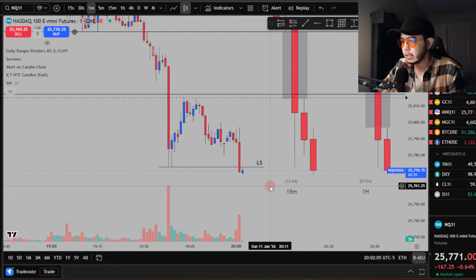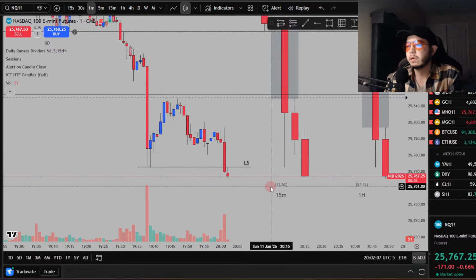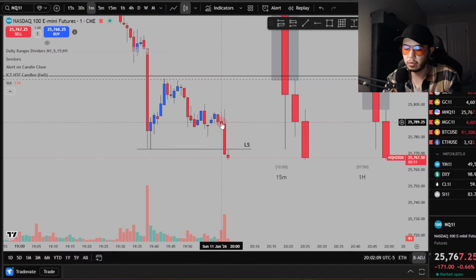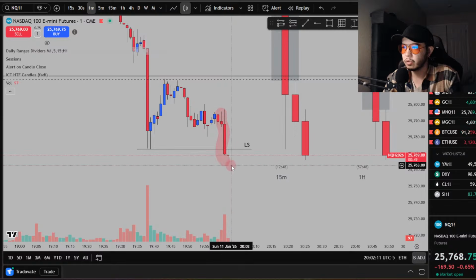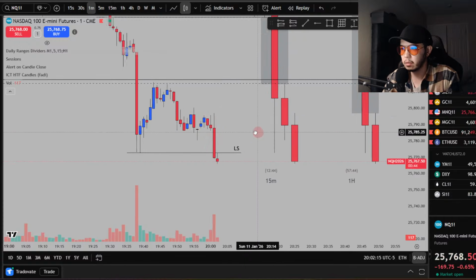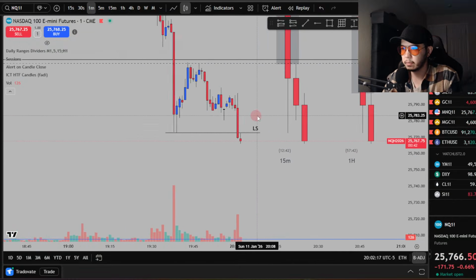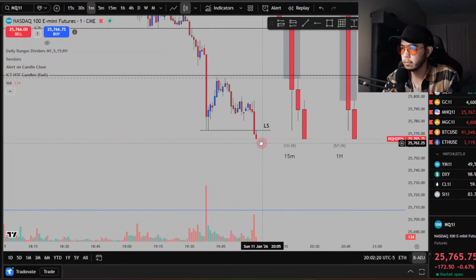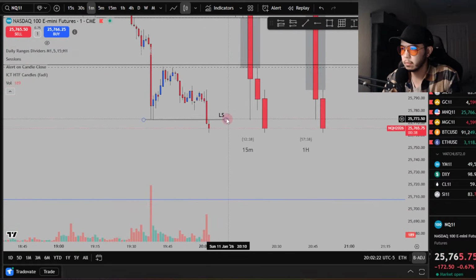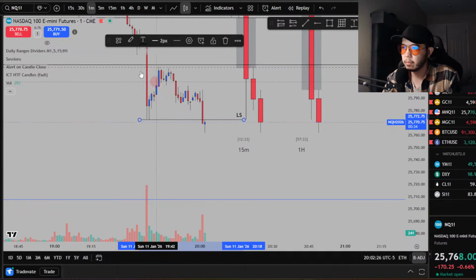I don't like taking this long because the candle closure is too big. But this might be a good future setup as a POI.